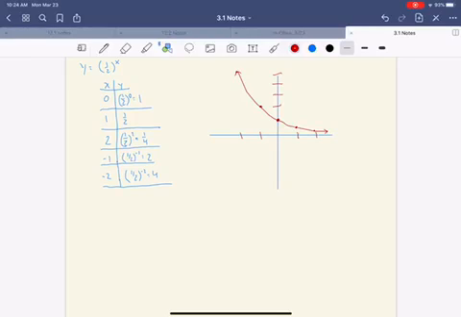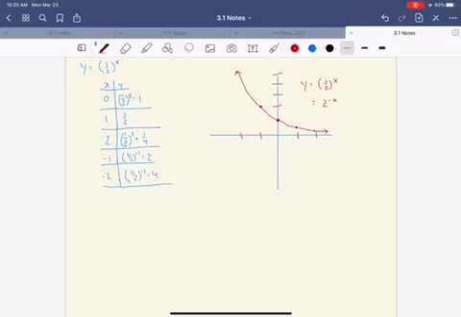Okay, this is y equals 1/2 to the x, which is also 2 to the -x.